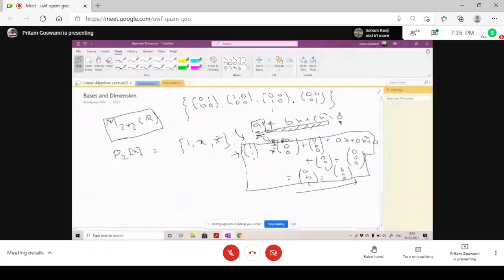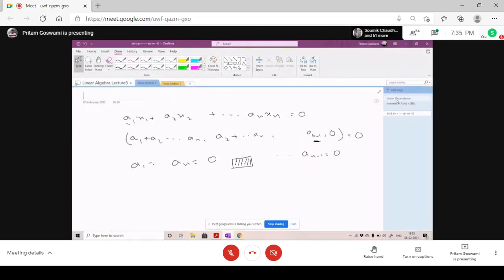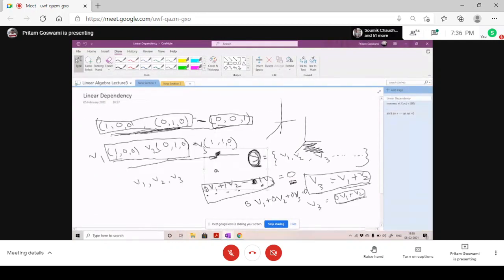Here in the first page, look, this vector V3 was in the span of V1 and V2, right? So that's why these three become linearly dependent. Got it?